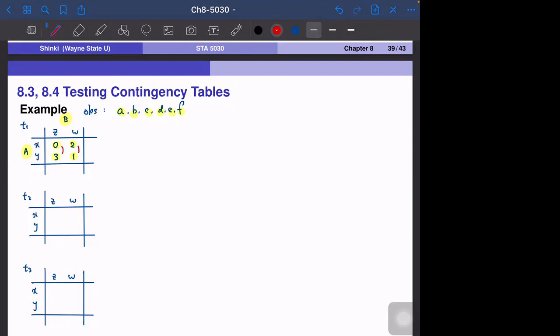Then the idea is that at first we fix the marginals. The marginal counts are 3, 3, 2, 4, in total 6. At first we calculate how many tables are possible given the marginals.